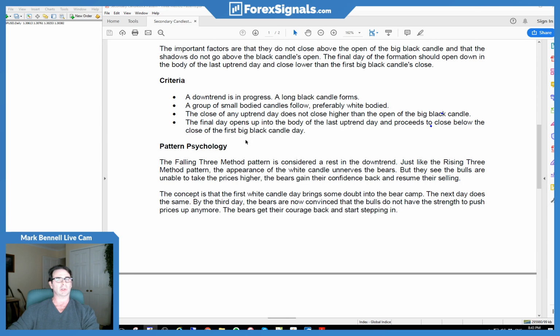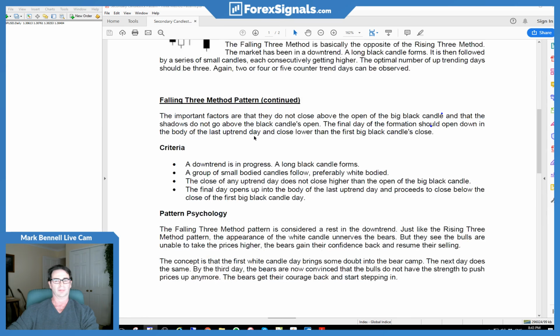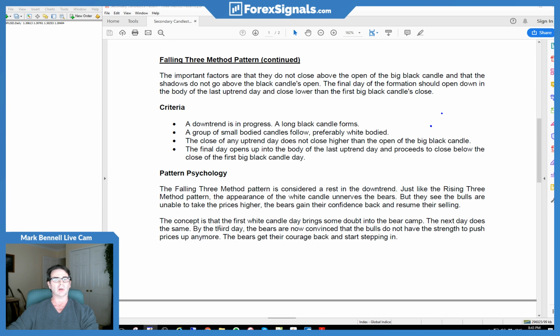So what's the psychology behind this pattern? G'day, Nasruddin. So the falling 3 method pattern is considered a rest in the downtrend. Just like the rising 3 method pattern, the appearance of the white candle unnerves the bears. But they see the bulls are unable to take prices higher. The bears gain their confidence back and resume the selling. The concept is that the first white candle day brings some doubt into the bear camp.